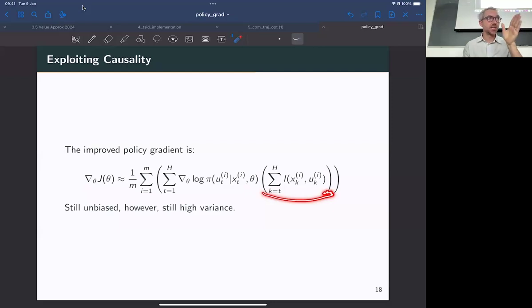Because we know that the action you take at time t has only an effect on the future cost, not on the past cost. So it makes sense that we only use the future cost as an evaluation metric for judging if that action was good or not. This, of course, was not a mathematically rigorous proof. It's just to give you a bit the intuition of what's going on and why we do that.